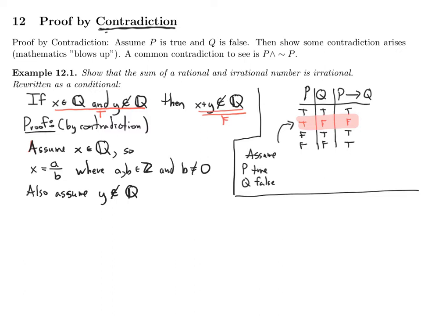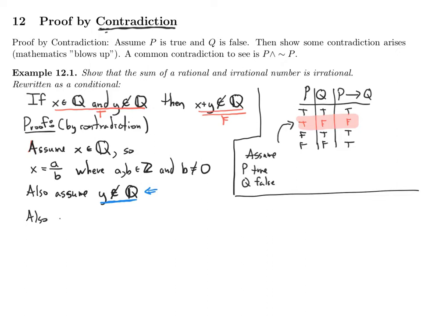The contradiction we're going to get, in fact, is that we're assuming y is irrational, but we're going to show that we can write it as an integer over another non-zero integer. And that's going to be your contradiction. So pay attention to this assumption here. So both of those together is assuming that the if part is true, and we're going to assume the then part is false.